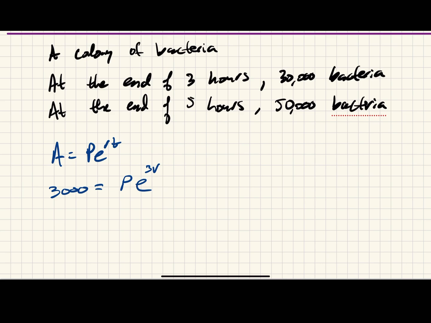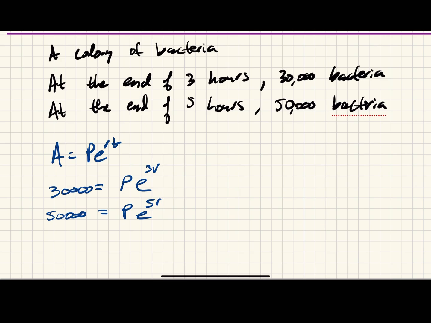Now I have a similar relationship here: 50,000 when t is 5. And now I actually have two equations and two variables, right? So I could use a substitution property here.